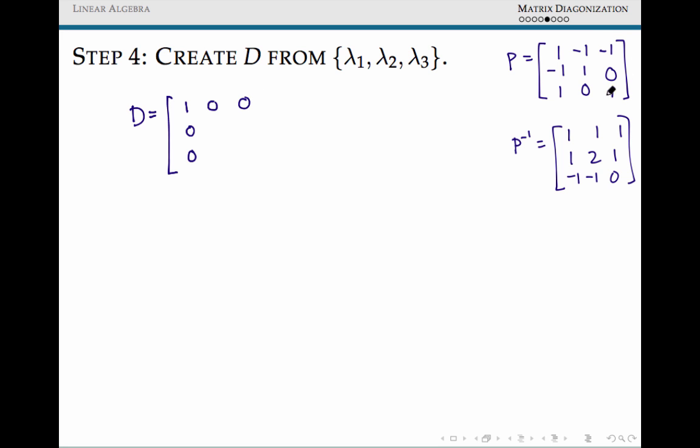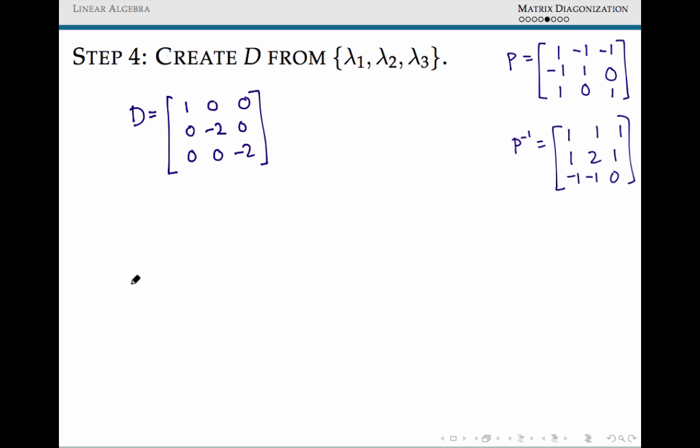Our second and third entries both correspond to eigenvalue negative 2. So we're okay regardless of which order we put these in, but we need to make sure that our second and third diagonal entries correspond to eigenvalue negative 2 and the eigenvectors in the second and third column of P. And so this is our diagonal matrix that our decomposition depends on.